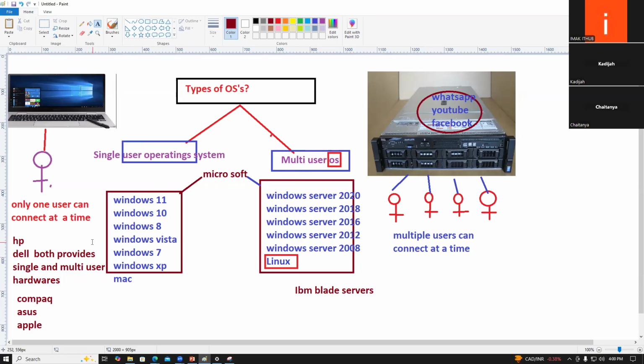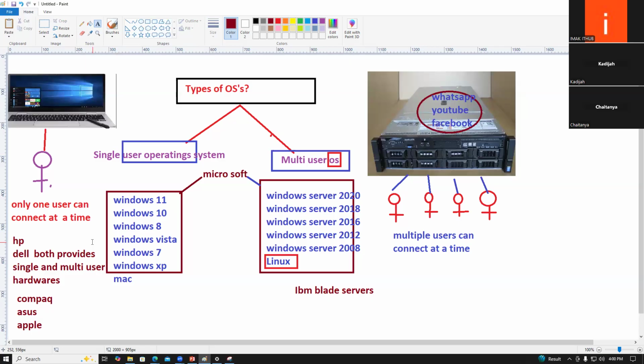So what is an OS? An OS is a mediator between a user and a computer. Very good. How many types of OSs are there? We have two: a single user operating system and a multi-user operating system.